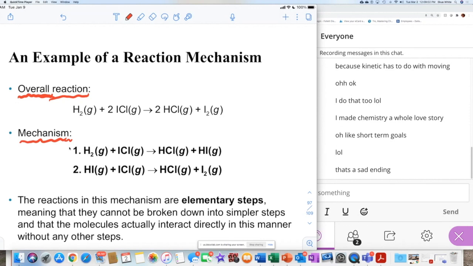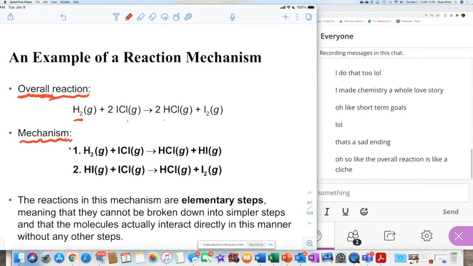So our overall reaction shows us that H2 reacts with 2ICl to form 2HCl and I2. But the reaction mechanism actually shows us that this is happening via two steps. It's like somebody giving you an oversimplified version of what happens.